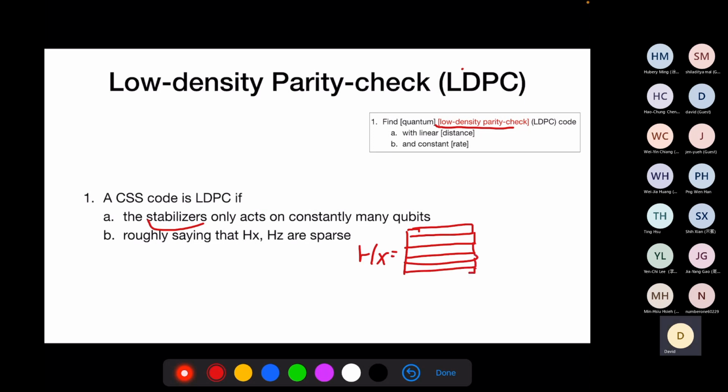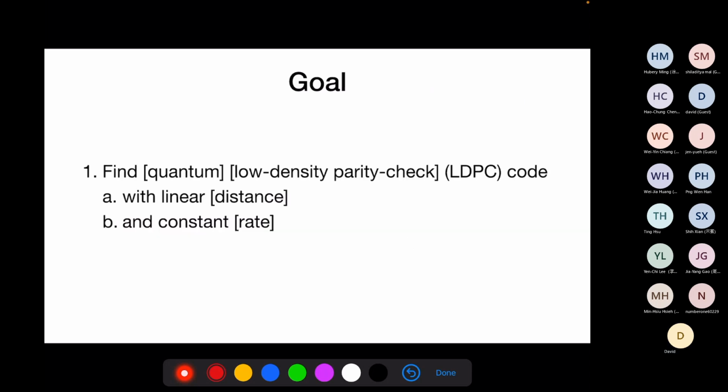So equivalently, it's saying that in each row there are only a constant number of ones. Roughly, it's saying that they're sparse. Okay, so now we have everything, and that's our goal.